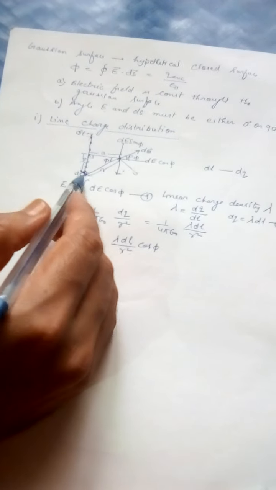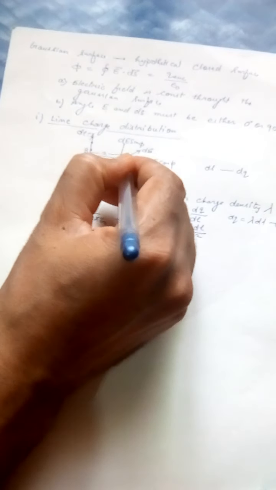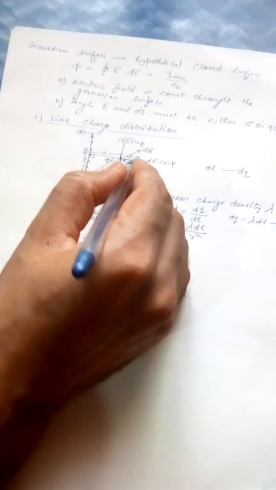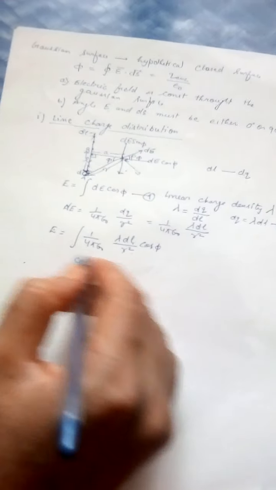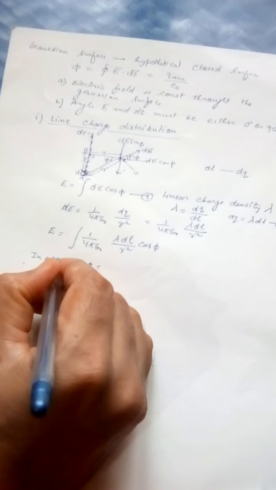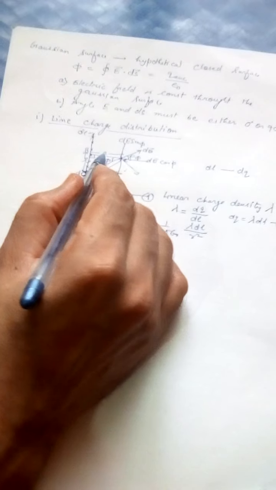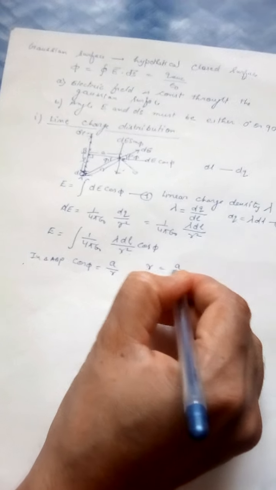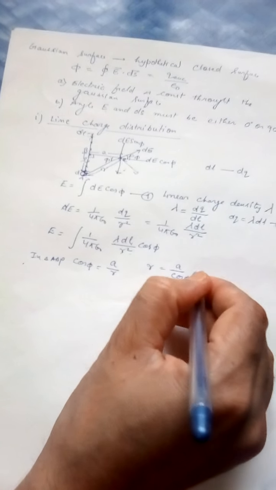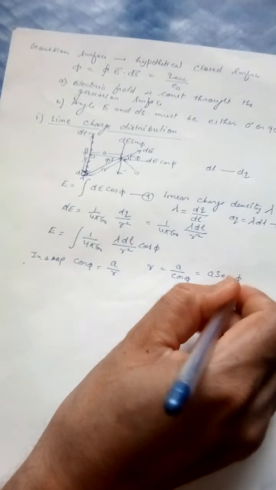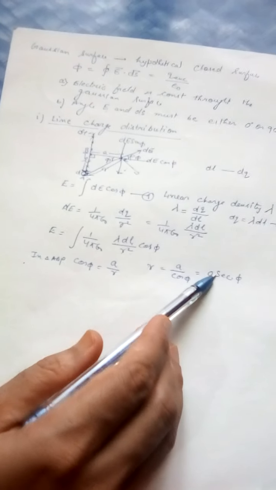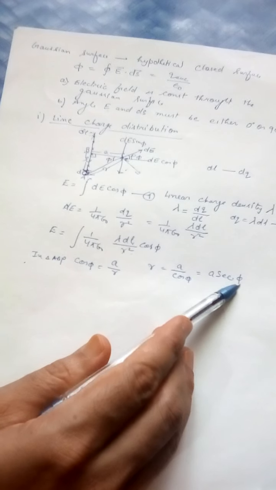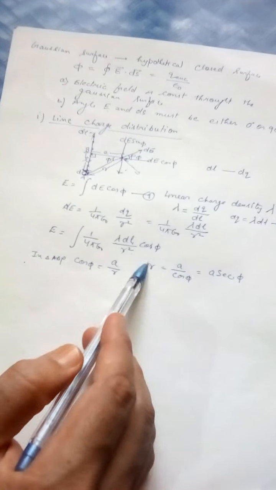In this triangle with 90 degrees, suppose this is A, this is B, this is C, and this is P. So in triangle ABP, cos phi is A by r. So r is equal to A by cos phi. 1 by cos phi is sec phi. So I have written r in terms of phi, with A constant.